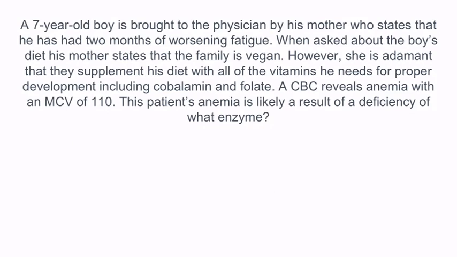From the question stem, hopefully you notice that this boy has a macrocytic anemia, which we can deduce based on his MCV of 110. We're also told that the family is vegan. Veganism is a risk factor for vitamin B12 deficiency, which could certainly cause a macrocytic anemia. Folate deficiency could also cause a macrocytic anemia.